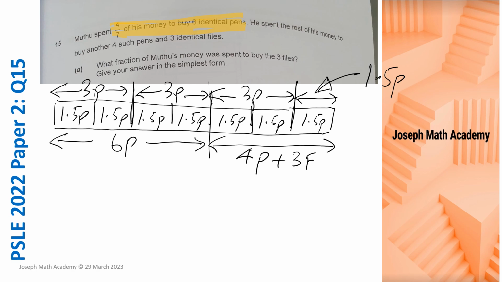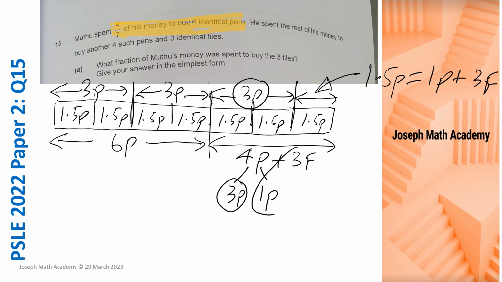Over here is actually 1 pen and 3 files. Why is that so? This one, I take out 3 pens, I left 1 pen, right? And this 3 pens is already here. This part would be here. So 1 pen and 3 files should have the same cost as 1.5 pens.